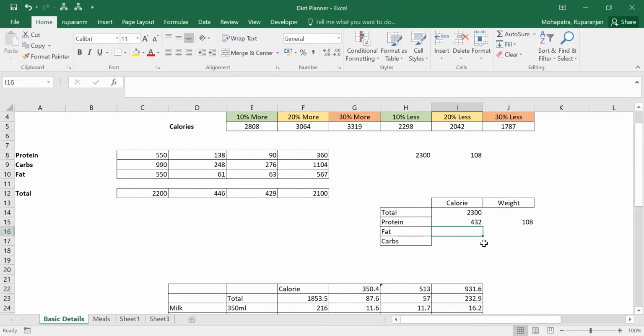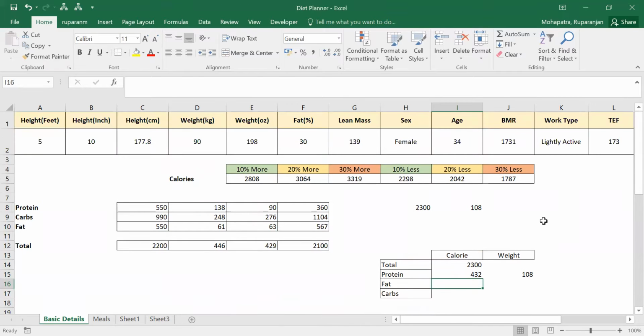Then we'll check our fat. How much fat is required for a normal person? You can take 25 to 35% of calorie requirement, not body weight. Let's keep it moderate, so 25%.